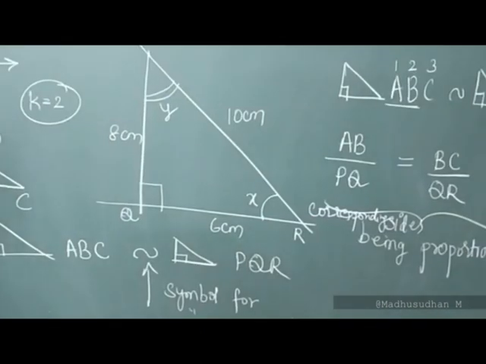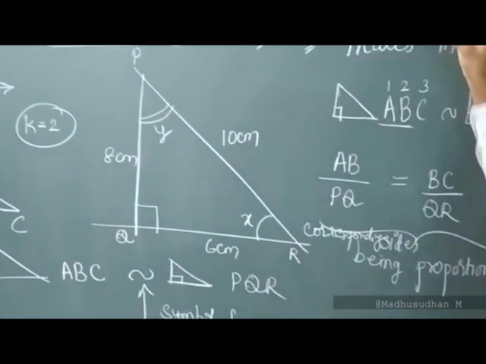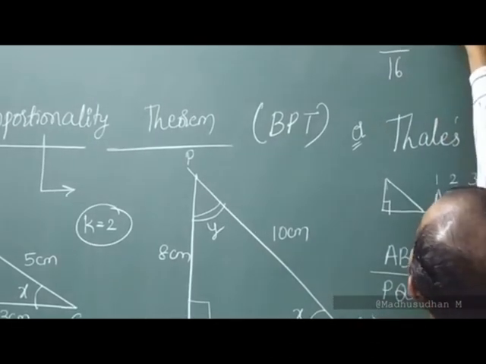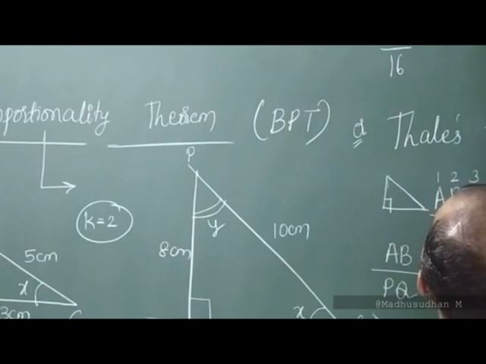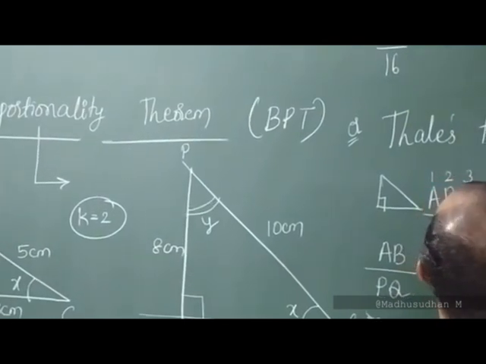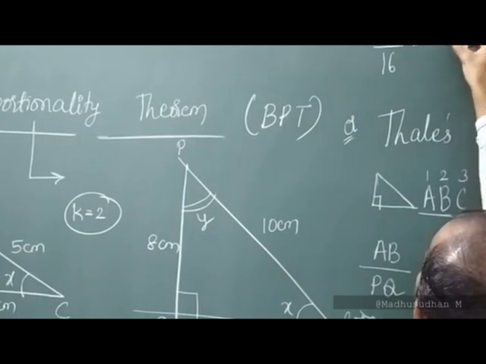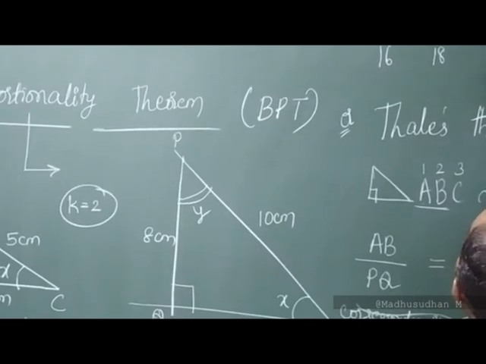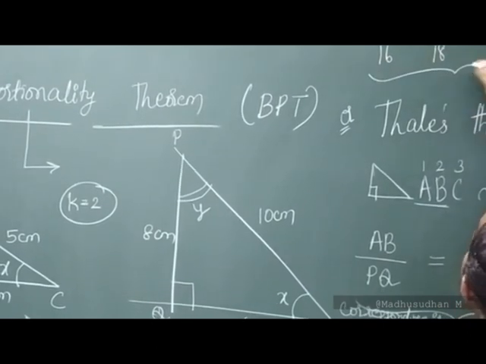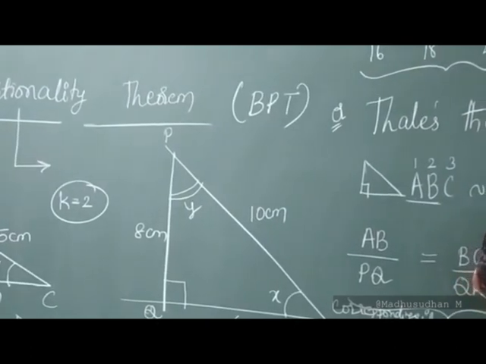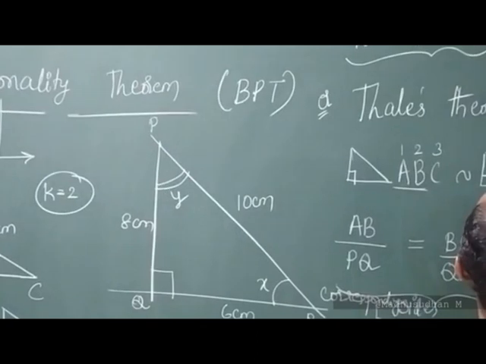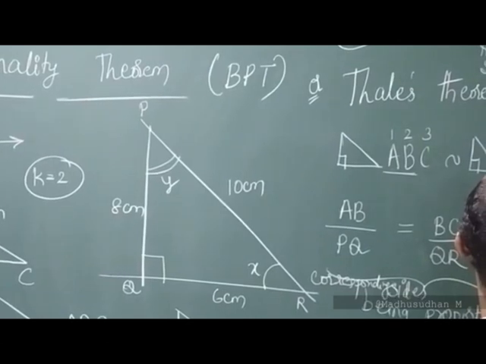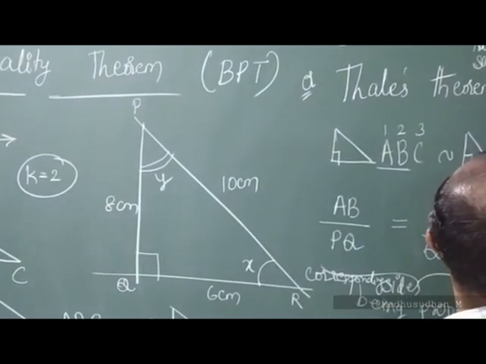Followed it? So let me give one more example here. In your algebra or arithmetic we have studied 8 by 16 is one ratio, right? Or 8 is to 16. So this is a ratio. If I have equivalent ratios, like 9 by 18, or 24 by 48, all these equivalent ratios are said to be in proportion.